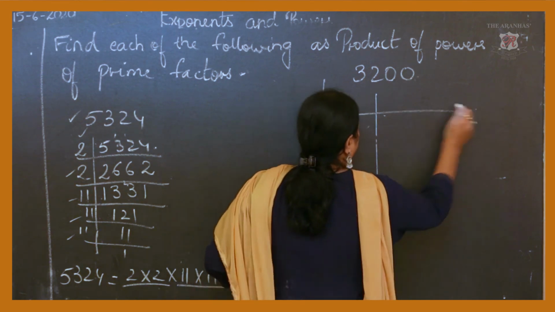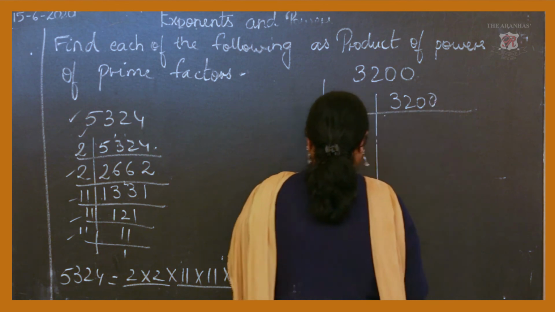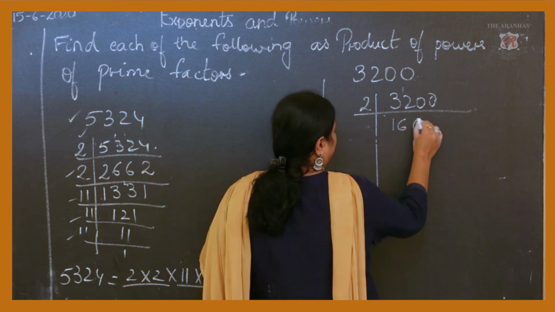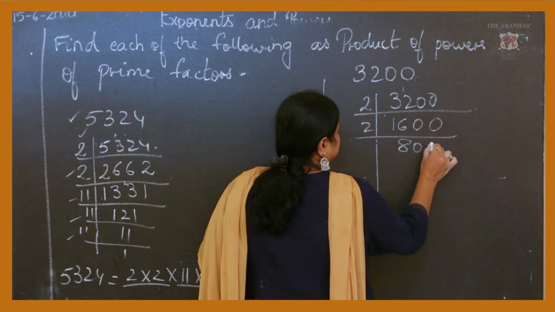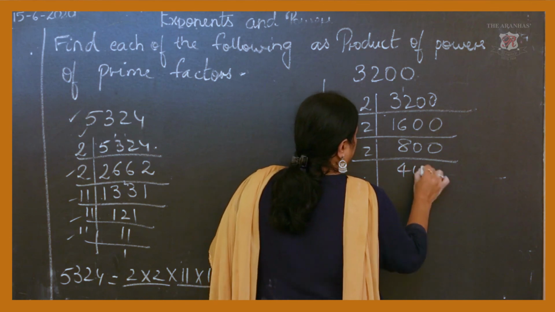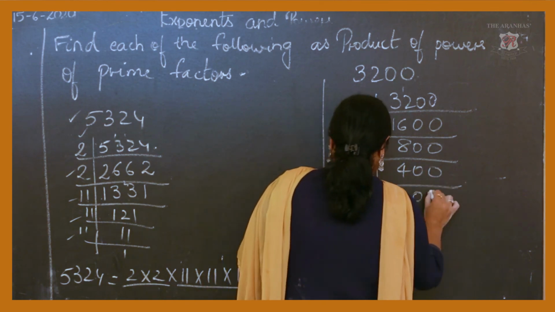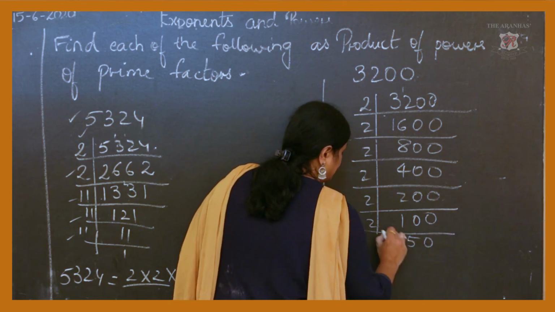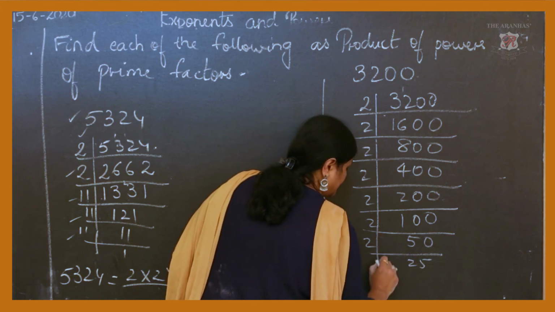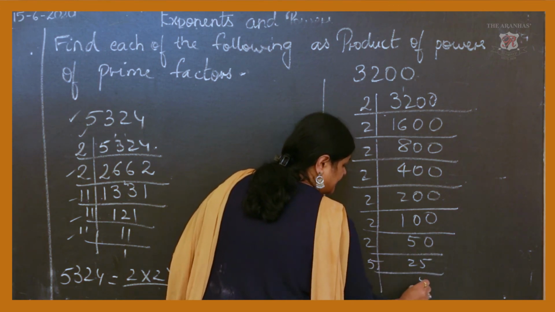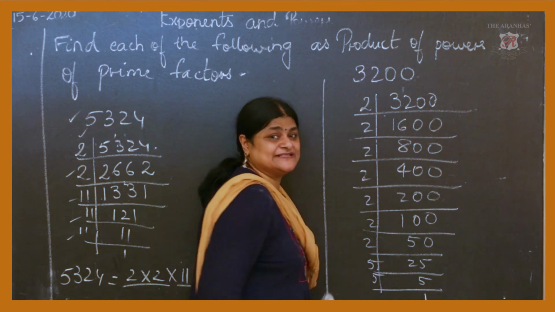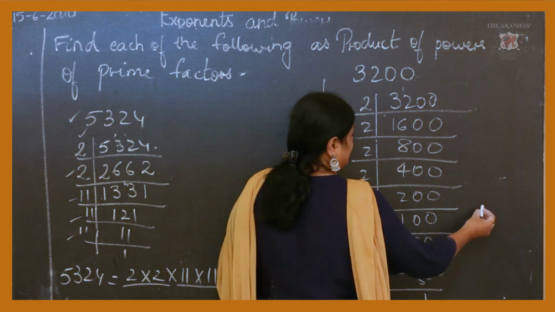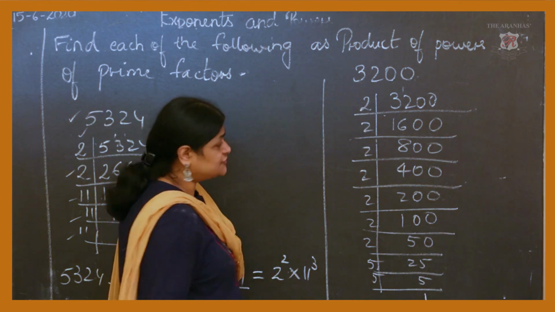Again you are going to do your prime factorization method. 2 1s are 2, 2 6s are 12, 2 8s are 16. 2 4s are 8, 2 2s are 4, again 2 1s are 2, 0, 0, 2 5s are 10, 2 25s are 50, then again 5 5s are 25, and 5 1s are 5. Okay, so now once you have done the prime factorization.